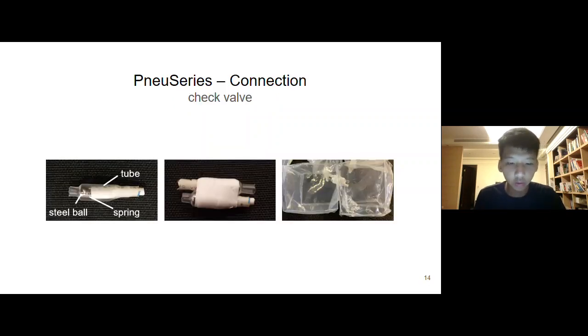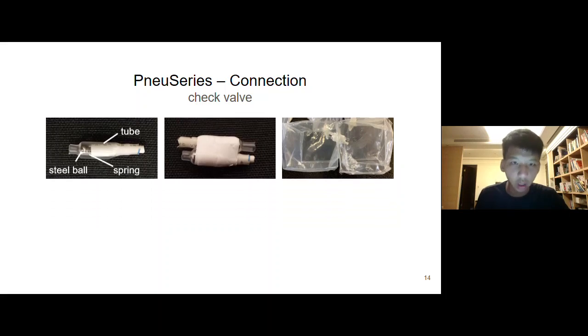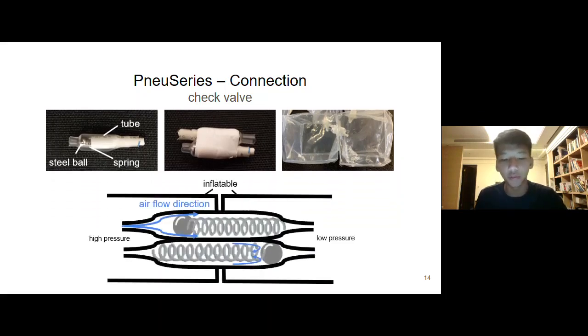We use check valves to connect inflatables. The check valve is composed of a tube, a steel ball, and a spring. We combine two valves in opposite directions and install them between the inflatables. The working principle of the valve is, if the pressure difference is large enough, the airflow can pass through the valve from the high pressure side to the low pressure side.